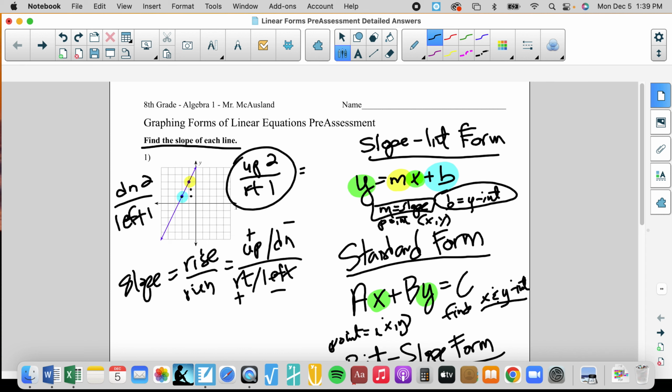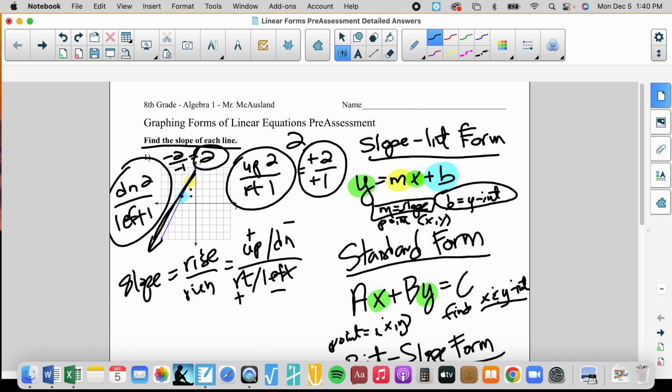Up 2 is positive 2, right 1 is positive 1, so my slope of this line is going to be 2. If we look at down 2, left 1, down 2 is negative 2, left 1 is negative 1, and that simplifies to 2 also. So the slope of this line right here would be 2. So that would be your answer.